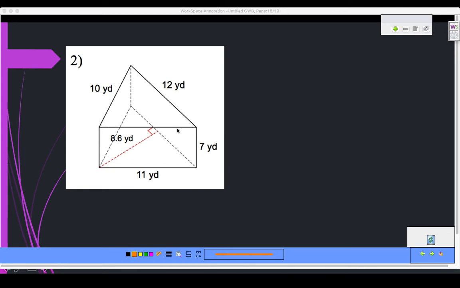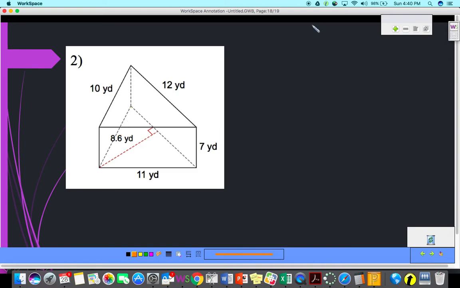If I take this rectangle and I stack it, I will not make a triangular prism. So that cannot be the base. I need to ask myself, what shape can I use that can be stacked to create this? And the answer to that is this shape right here. This triangle at the bottom.